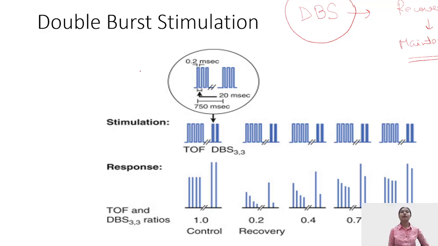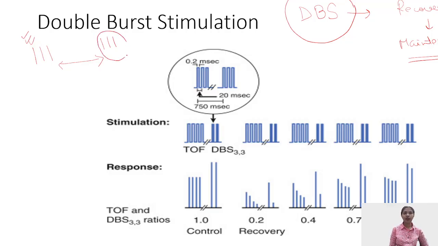As the name suggests, in the double burst stimulation, 2 bursts are given, like 1, 2, 3, and then after a certain time gap, again 1, 2, 3. Where the fading is seen, we have given the stimuli one time, and the second time we give the stimuli, we can see the fading.